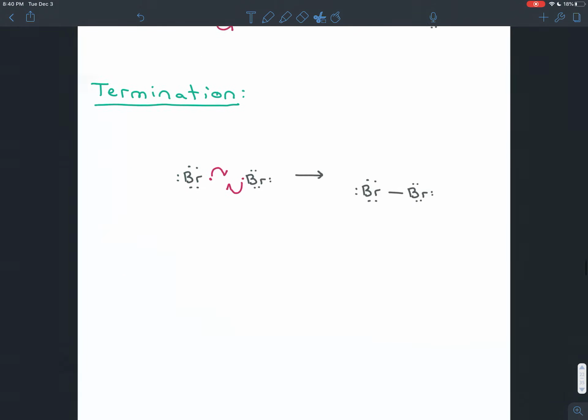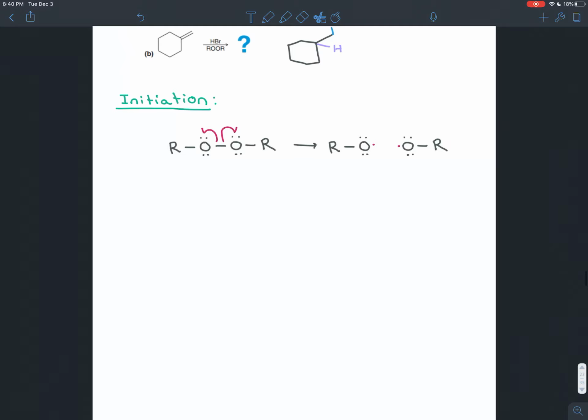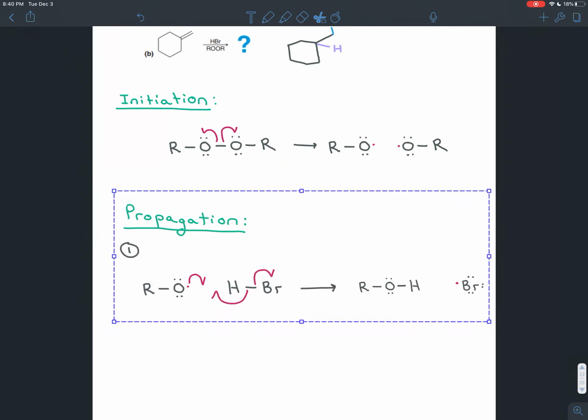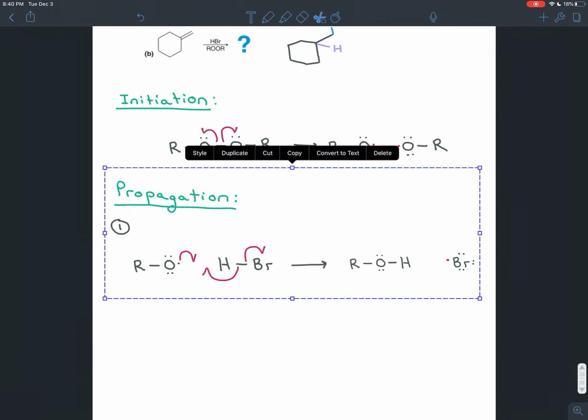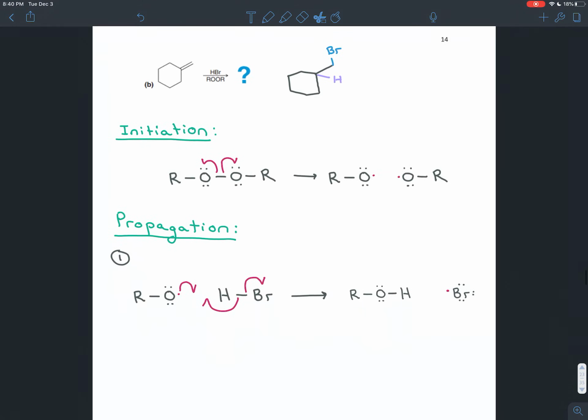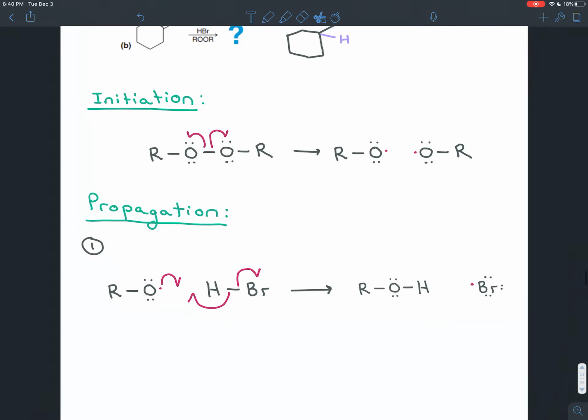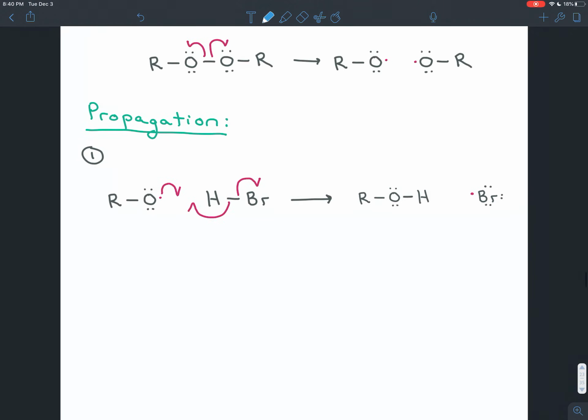Now the propagation step has 3 parts. This is the middle of our reaction. And the first part is always the same in these radical addition reactions. The oxygen radical that we formed does a hydrogen abstraction. It steals a hydrogen from HBr. And the other electron in the bond to the hydrogen snaps onto the Br, and you produce a bromine radical.